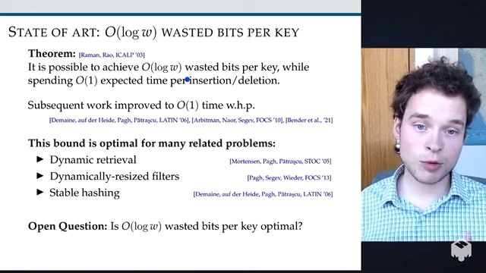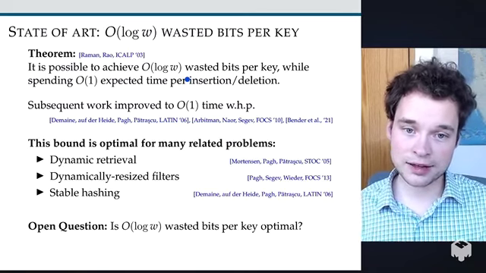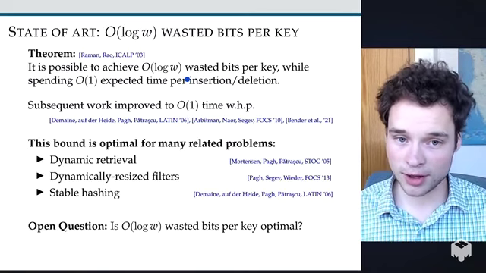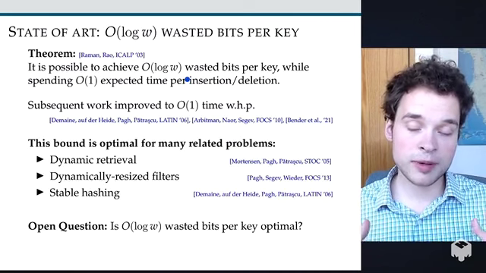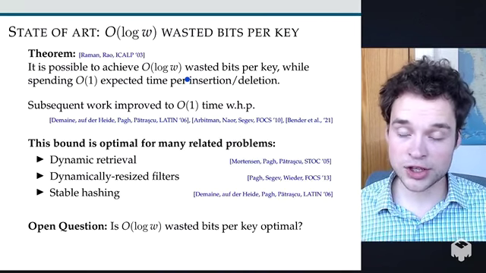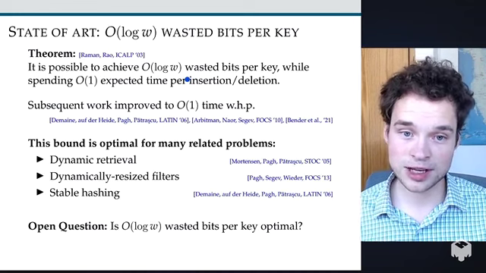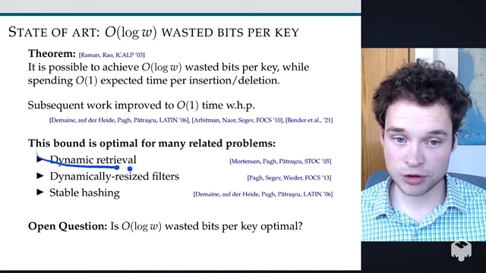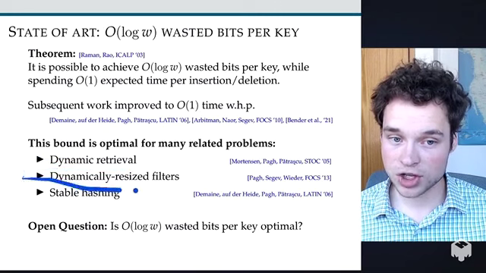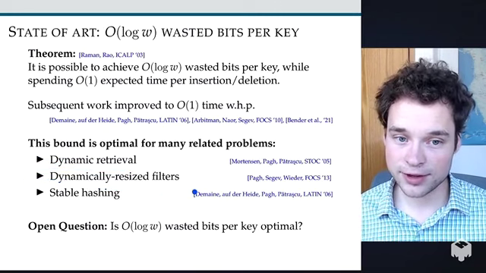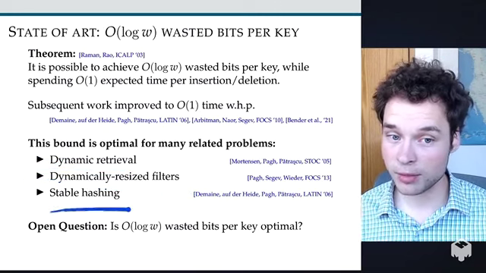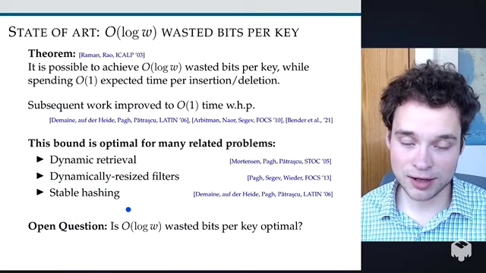Instead, over the past two decades, there's been a whole bunch of closely related problems where we've been able to get lower bounds showing that log W wasted bits per key is optimal. Examples of this include the dynamic retrieval problem, the question of maintaining dynamically resized filters, and the problem of constructing a stable hash table.